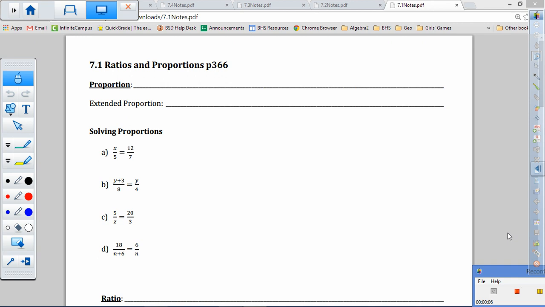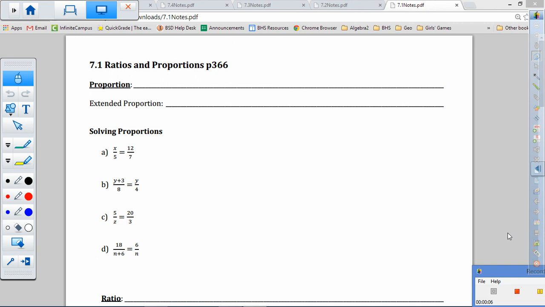Before we move on to solving, let's discuss an extended proportion. That is three or more proportions set equal. That might be an example of something like 1/3 is equal to 2/6, which is equal to 3/9. Okay? So what we're saying here is that each one of these is equal to the same thing.